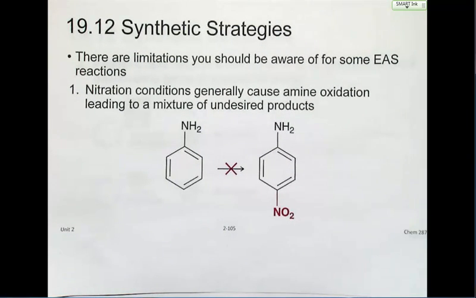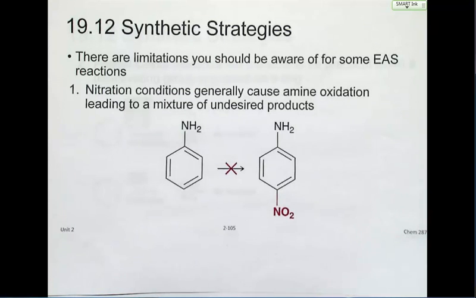Here's another limitation. Unfortunately, you can't nitrate an aniline derivative. The reason why is that when you expose the nitrogen of the amine to nitric acid, it oxidizes to an N-oxide. This is a common problem with amines, actually, they tend to oxidize over time and form N-oxides. So anyway, you can't do this reaction. So if you wanted to accomplish this, you'd have to nitrate first.